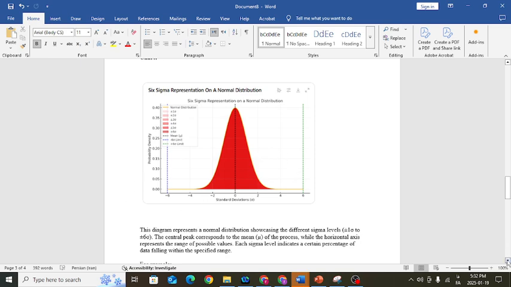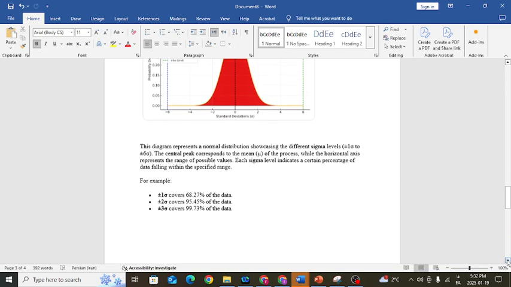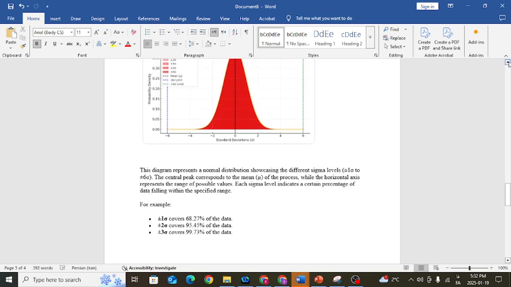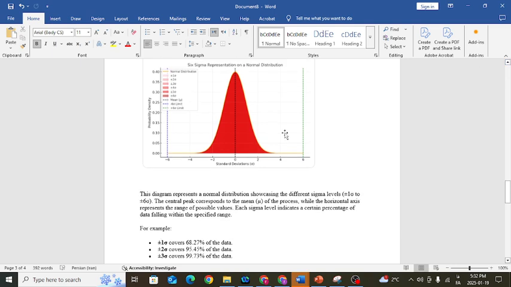So this diagram represents a normal distribution showcasing the different sigma levels, from minus and plus 1 standard deviation to minus and plus 6 standard deviation, from -1 to -6 and +1 to +6.